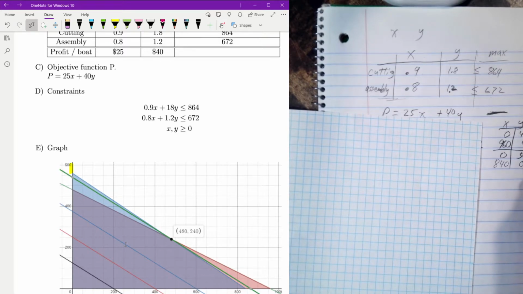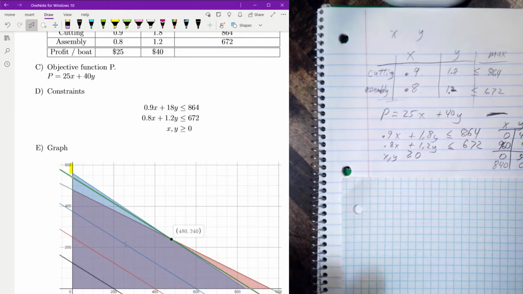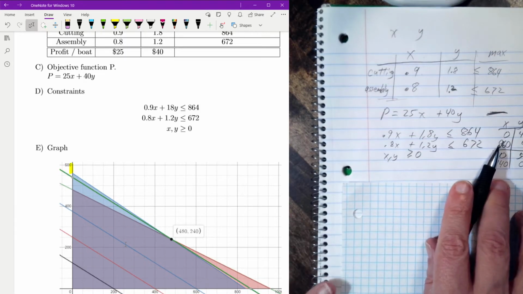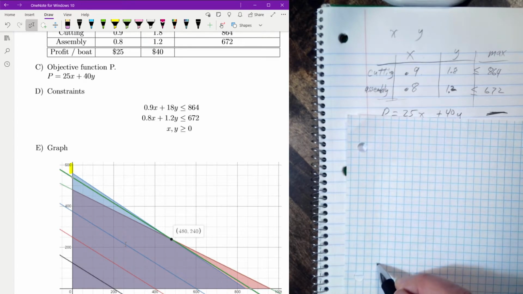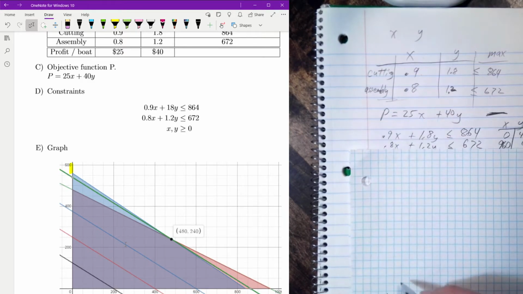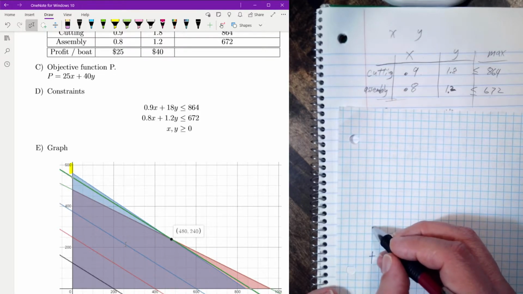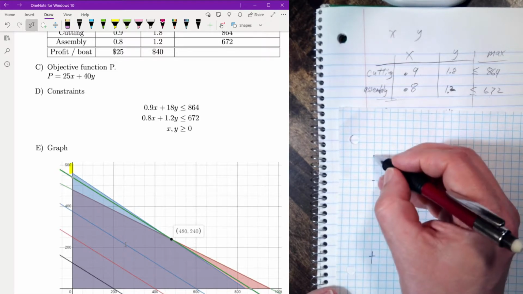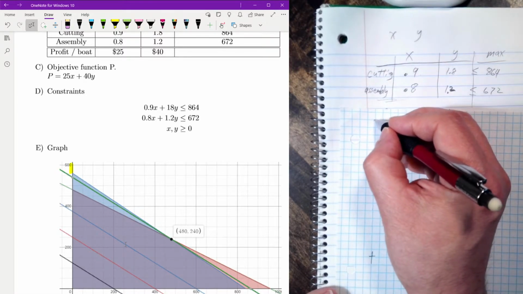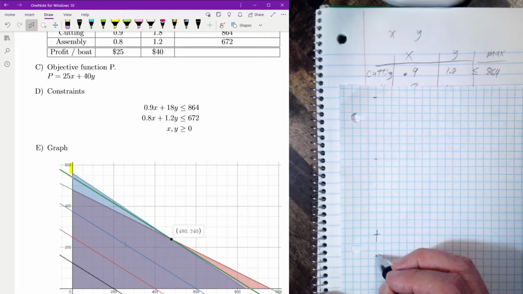Let's say 4, 9, 8. Okay. So let's start about here. Let's go down another one here.